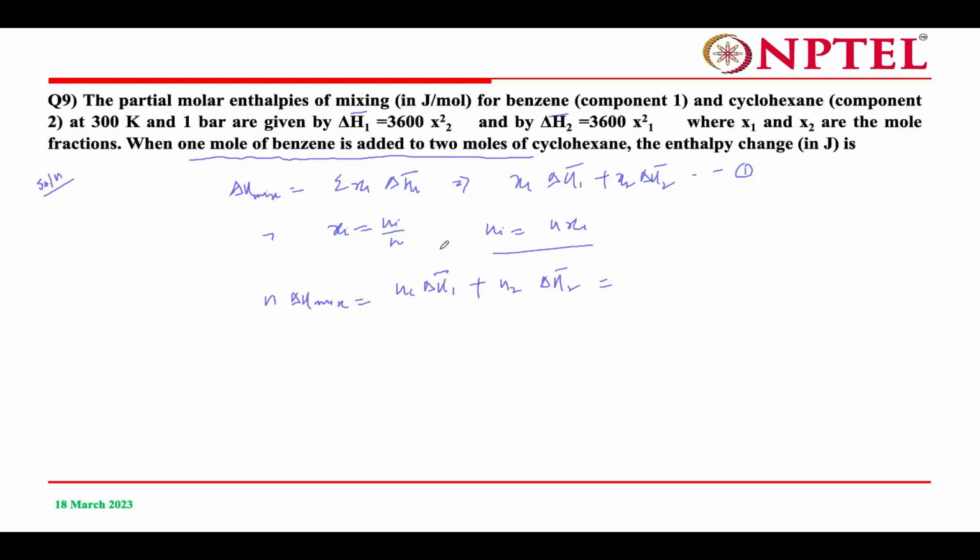Here the delta H1 expression is given, so put here n1 into 3600 x2 square plus n2 into 3600 x1 square, right?